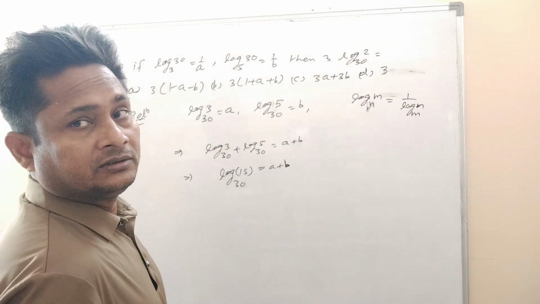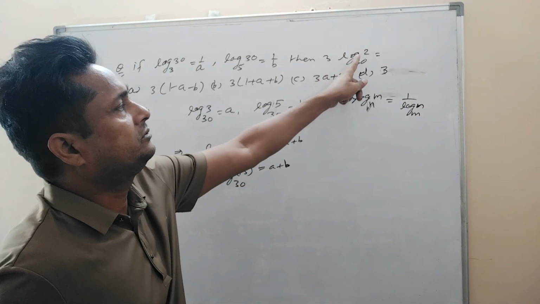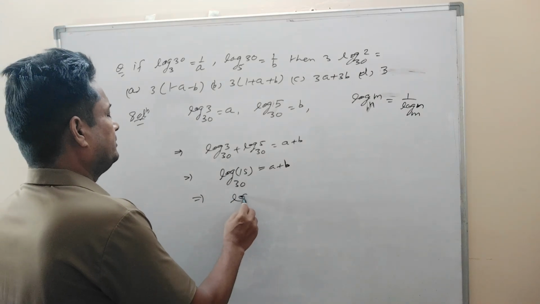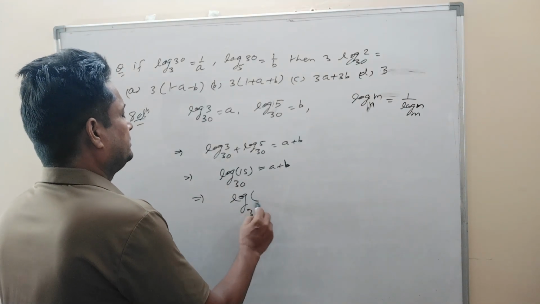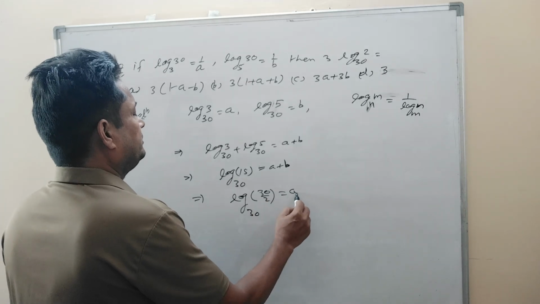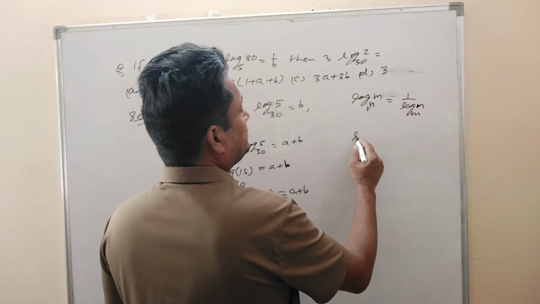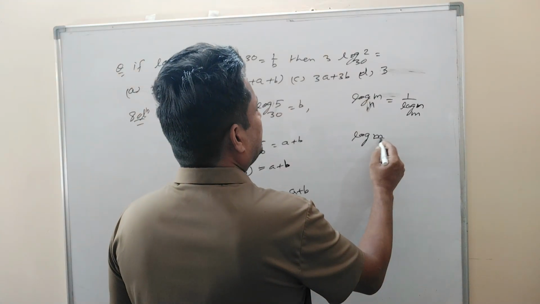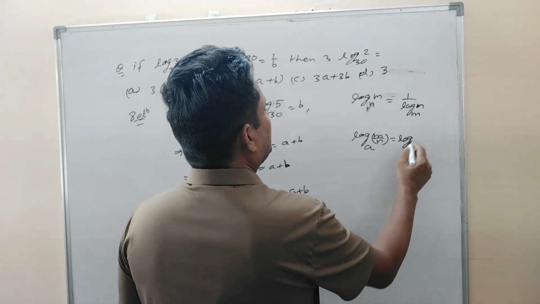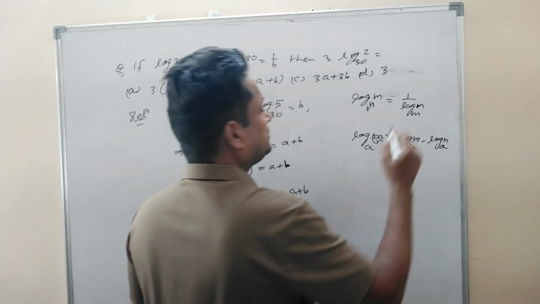Now we want to make this one log 2 base 30. So this can be written as log of 30 by 2 is equal to a plus b. And what is the property of this one? Log m by n base a is log m base a minus log n base a.